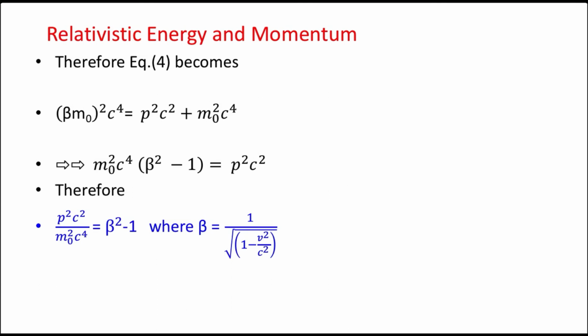Now take out the common factors, and therefore we can write m0 square c raised to the power 4 in bracket beta square minus 1 is equal to p square c square, and hence p square c square upon m0 square c raised to the power 4 is equal to beta square minus 1, where beta is 1 upon under root of 1 minus v square upon c square.